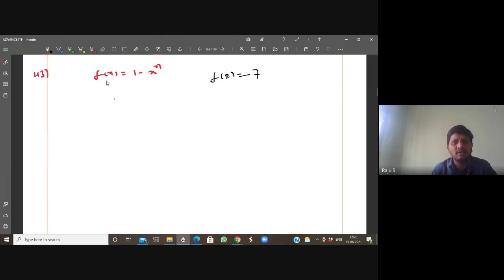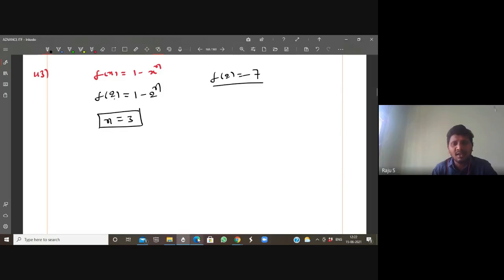See here, students, f of 2 is 1 minus 2 power n. For what value of n will it be correct? When n is equal to 3 alone. From the given condition we got the n value.